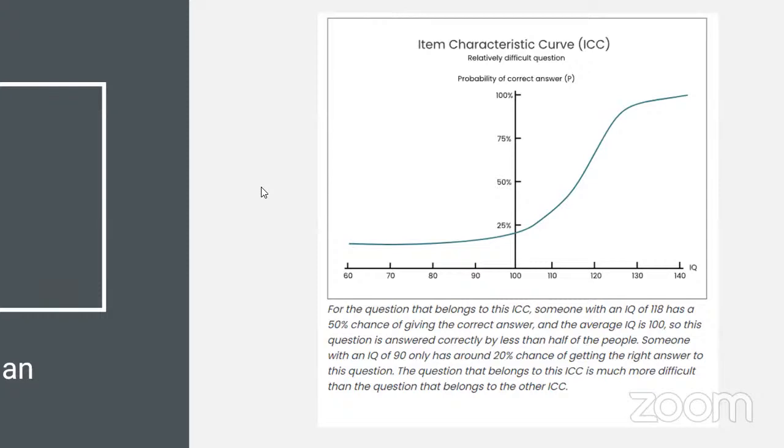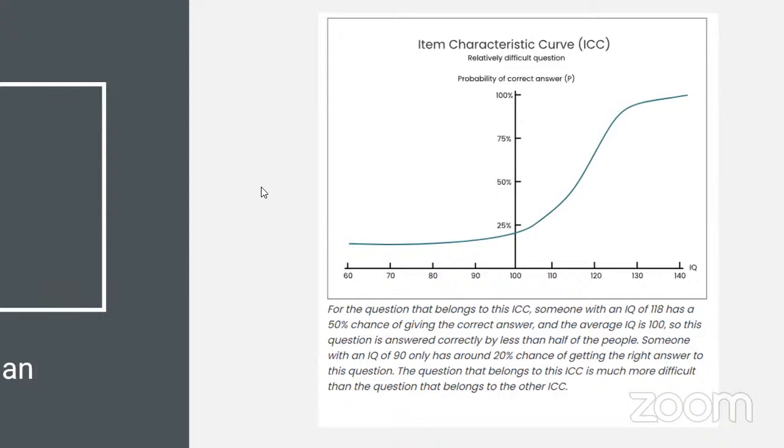Someone with an IQ of 118 has a 50% chance of giving the answer, and the average IQ is 100.